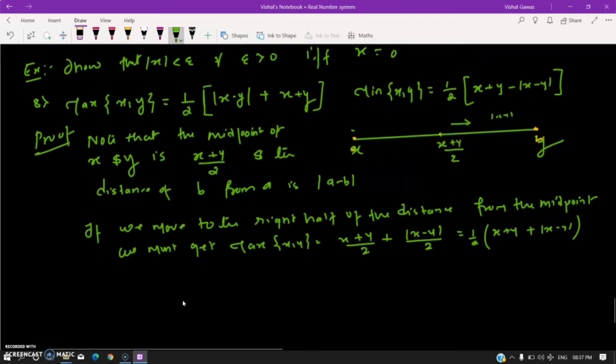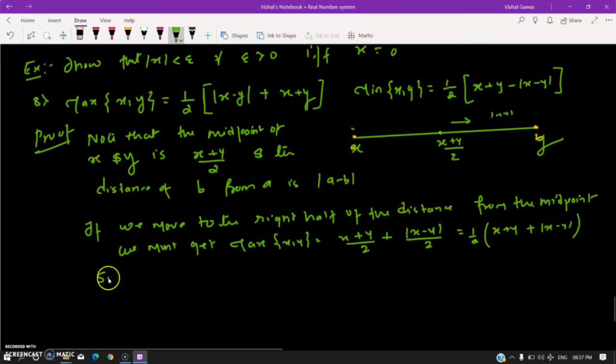Similarly, if we move left hand side, let's look at that later. We'll prove this first before I go to the other way.